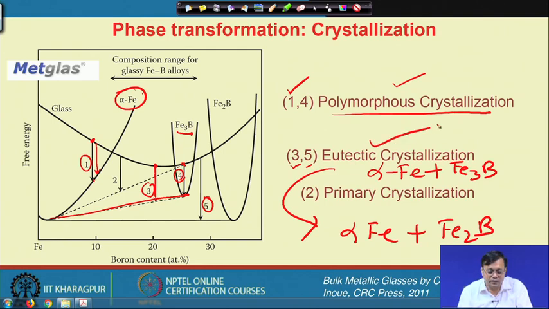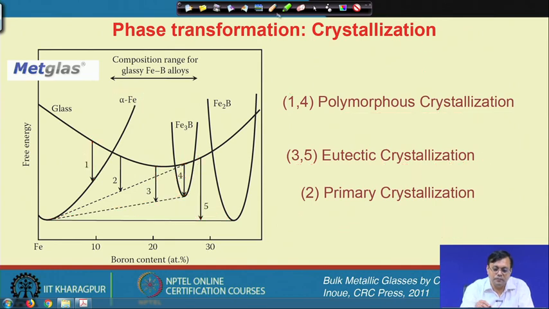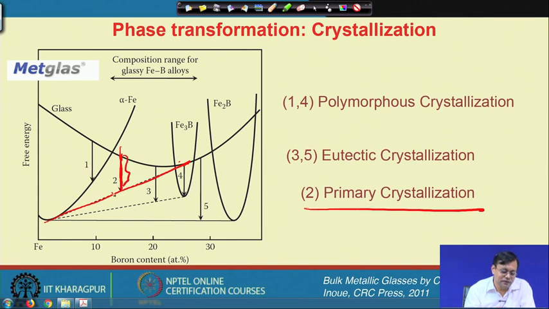So, these are the eutectic crystallizations. Both phases will appear in case of 5. And now, the primary crystallization will appear in case of 2, because I start with this composition and the same glass will have a different composition, right. Here there is a decrease in the free energy. So, I will have one phase which is alpha iron, and I will create a glass which has a different composition than the starting glass, and this is called a primary crystallization.